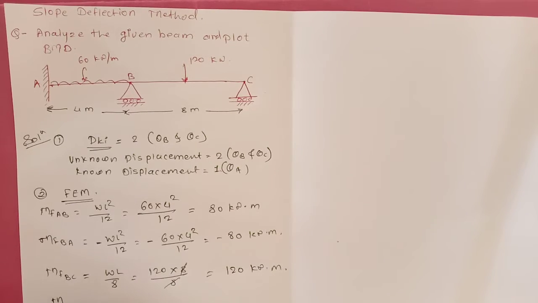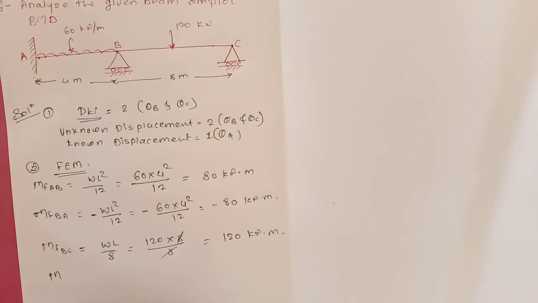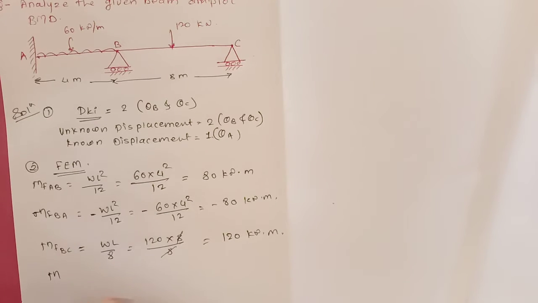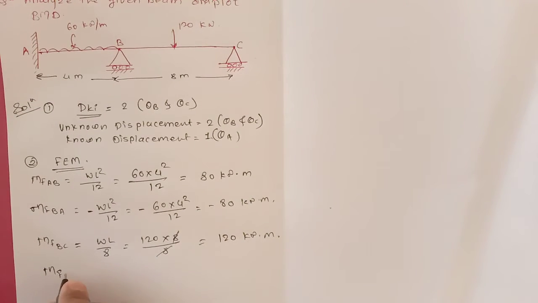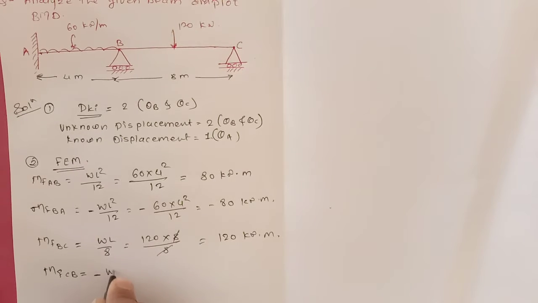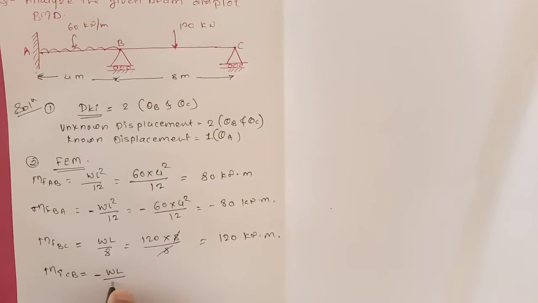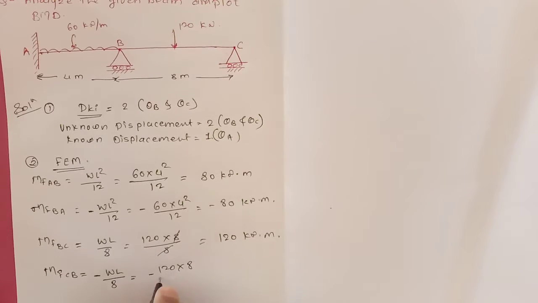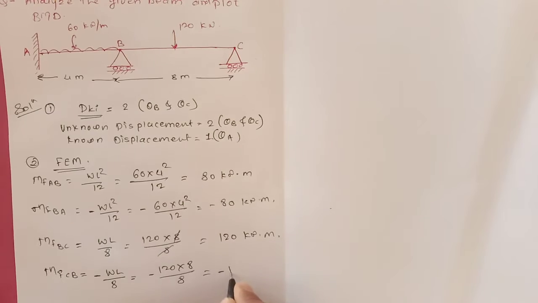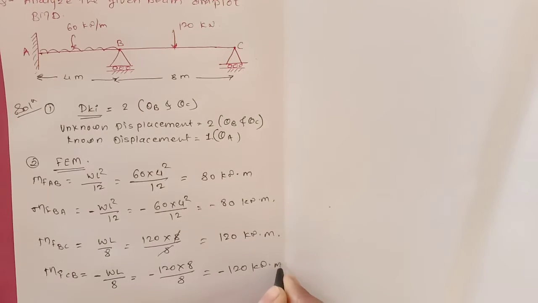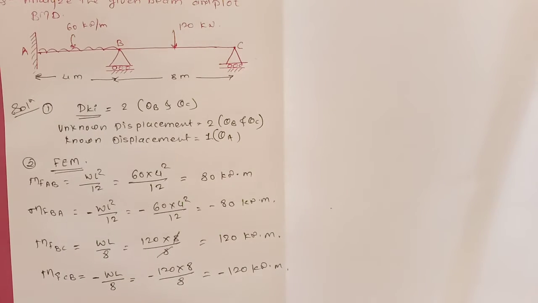And the last one is the fixed end moment for member CB. Same formula, only the sign is changed, minus WL by 8, so minus 120 multiplied by 8 divided by 8. The answer is minus 120 kilonewton meter. These are our fixed end moments.